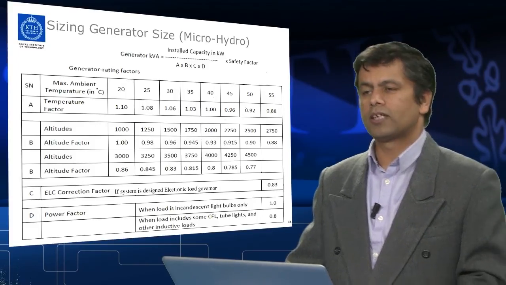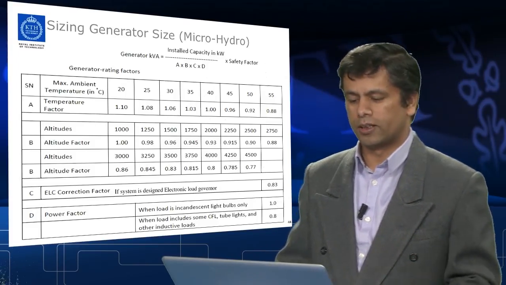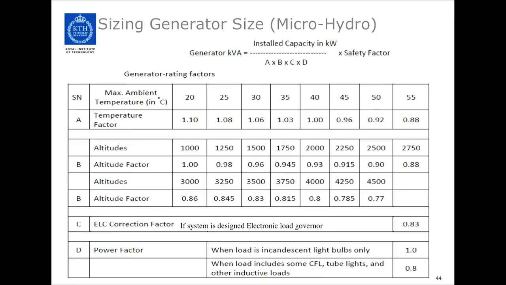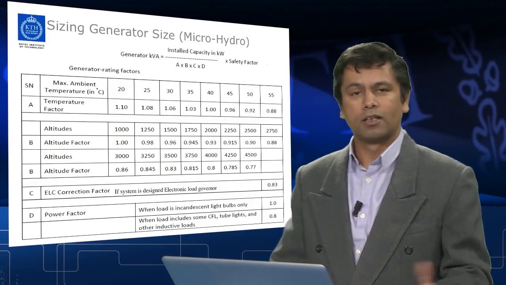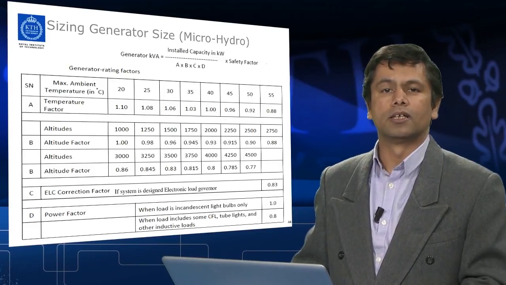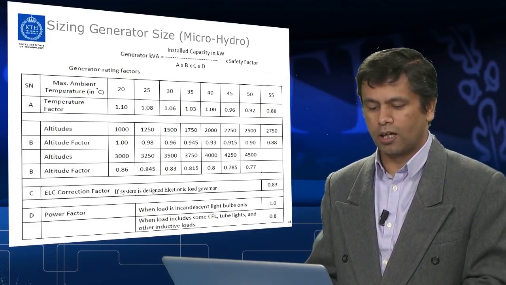So normally, if you are selecting a power plant for a micro range, then when you have to choose from the available sizes in the market, you also need to understand that these generators are affected by the working ambient temperatures and the altitude factor, in which altitude you are going to operate, especially in the hilly and mountainous regions. This can have an adverse impact, in the sense that you need to consider this altitude factor.